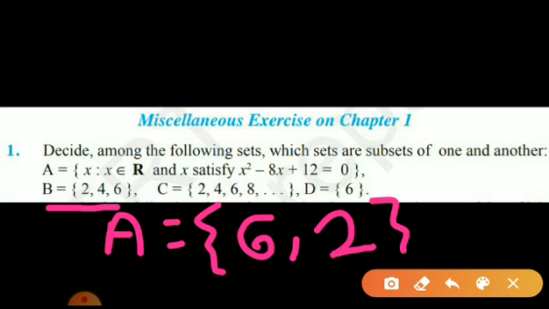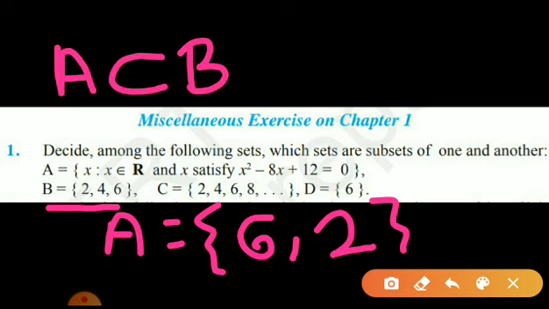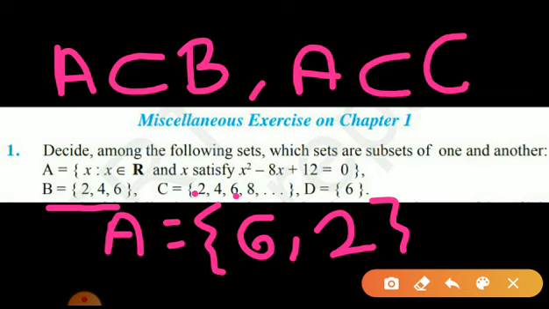Check whether it is there in B. Yes. So may I say that A is a subset of B? Yes. Now what about A and C? Are they subsets? Yes, because 2 and 6 are elements of C too. So may I say again A is a subset of C.